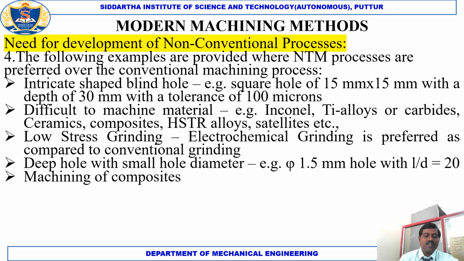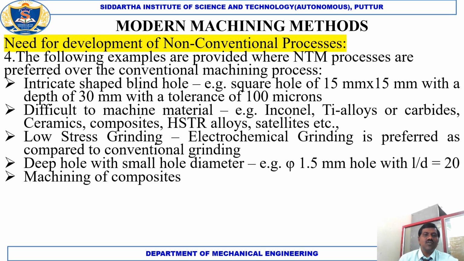The first is intricate shaped blind holes. If you want to create an intricate shaped blind hole, it is not possible to cut it by conventional machining, so we should use modern machining methods.